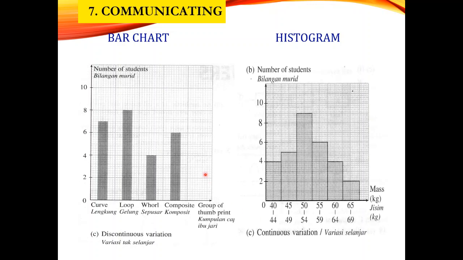Remember, for the bar chart, the bars must be separated. The bars cannot be combined together. So actually, this is referring to the discontinuous variation. Remember, bar chart. And then for the histogram, you must combine the bars together. And then usually it refers to the continuous variation.